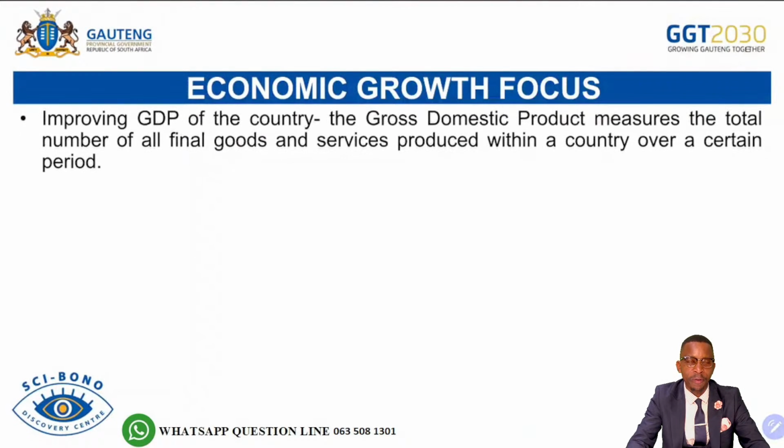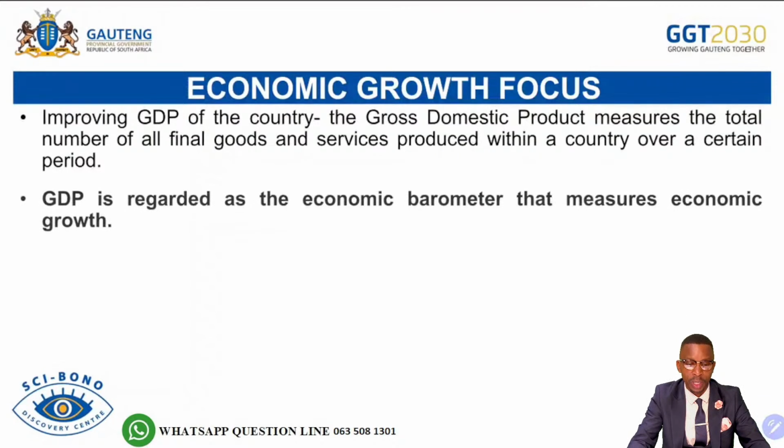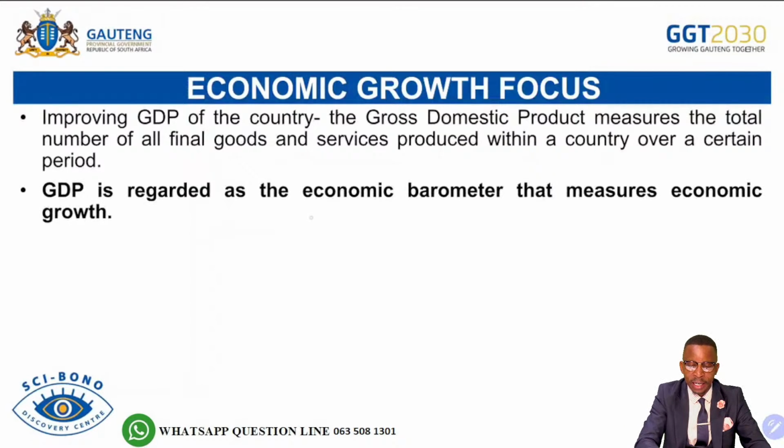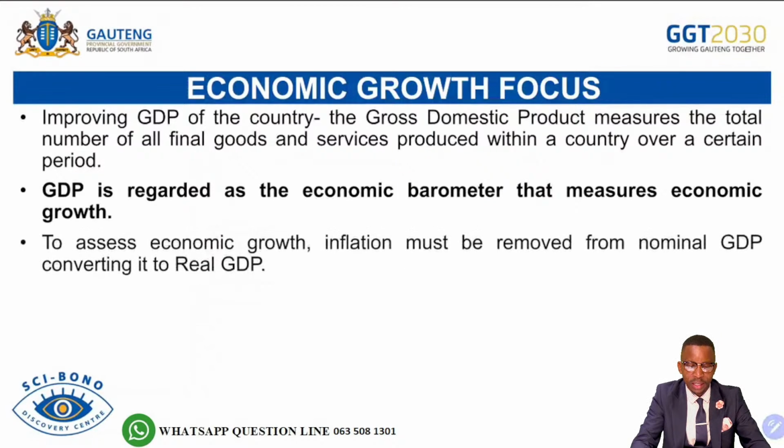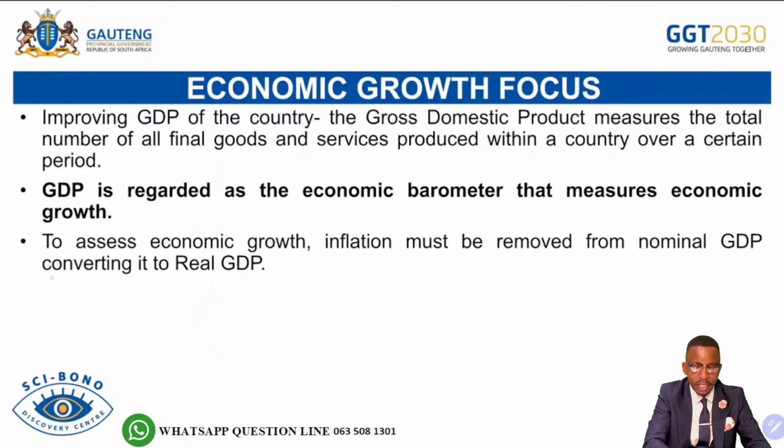So the economic focus: improving the GDP of the country. The gross domestic product measures the total number of final goods and services produced within the country over a certain period, usually a year. GDP is regarded as an economic barometer that measures economic growth. To assess economic growth, inflation must be removed from nominal GDP, converting it to real GDP.